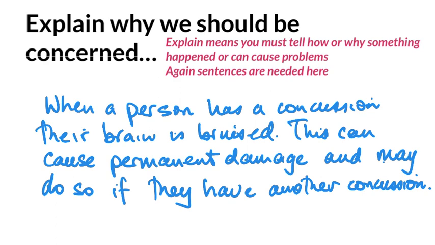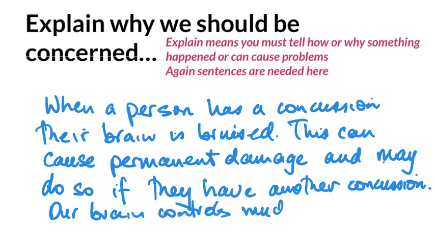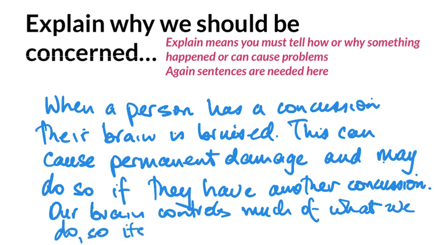So we could say these sort of things, but you're trying to tell me all these things are happening, and you're trying to tell me why, or what's wrong with having a concussion? What's wrong with it? Why should I be worried about it? Doesn't our brain control everything? So maybe we could even add our brain controls much of what we do, so it's not a good idea, if you like.